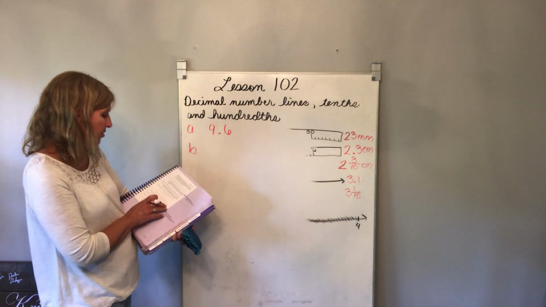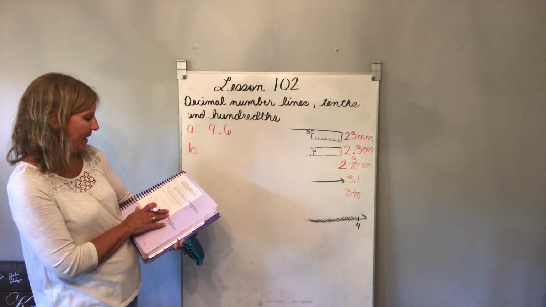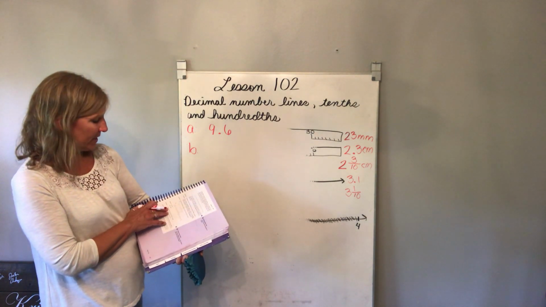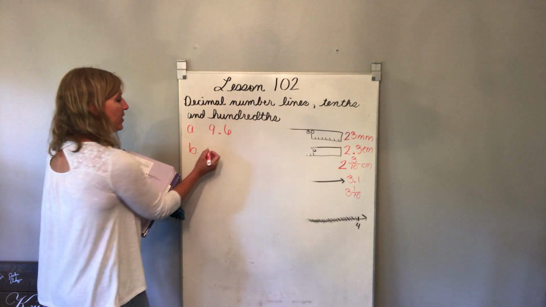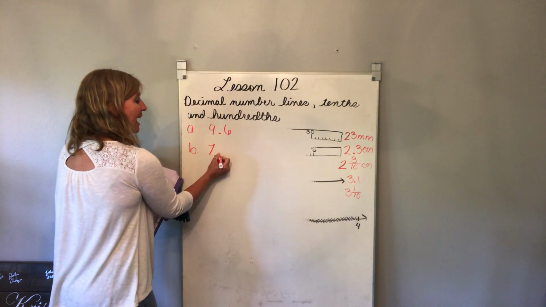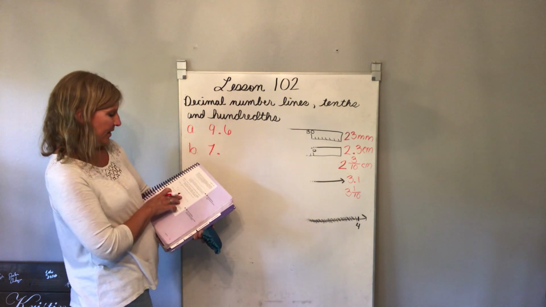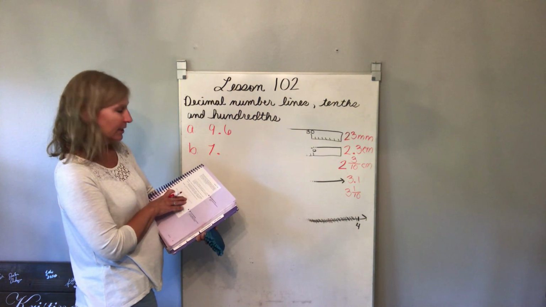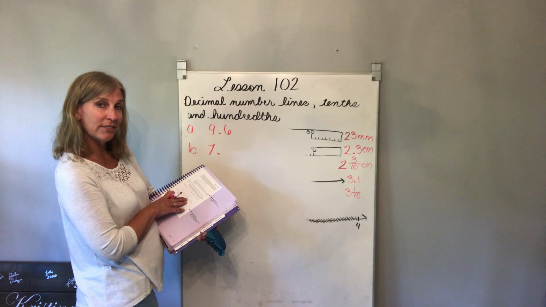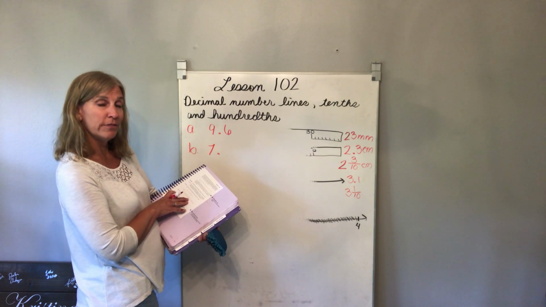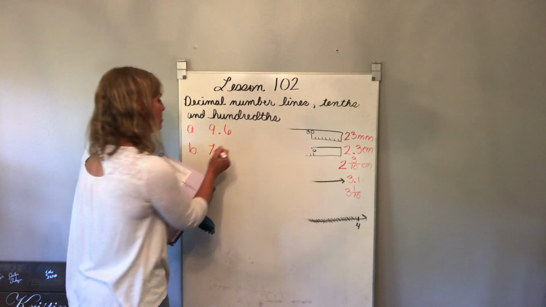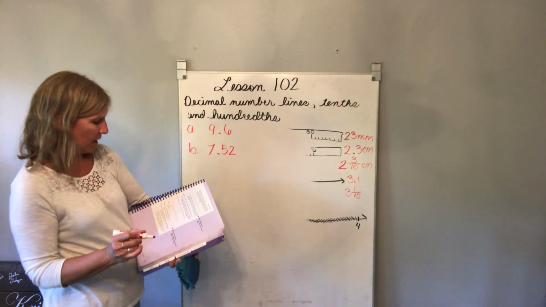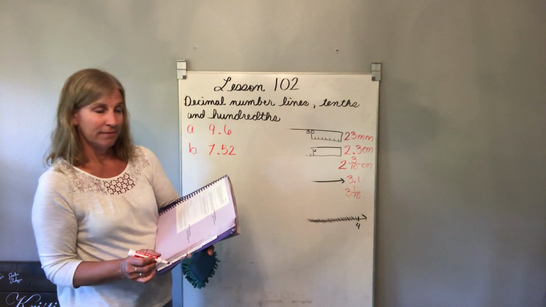There are 100 spaces between the 7 and the 8. So to what number is that arrow pointing? It is pointing to 7 and, you see the 5, the decimal point and the 5? How many little spots left to the right of it? There are 2, so 51, 52, 7 and 52 hundredths.